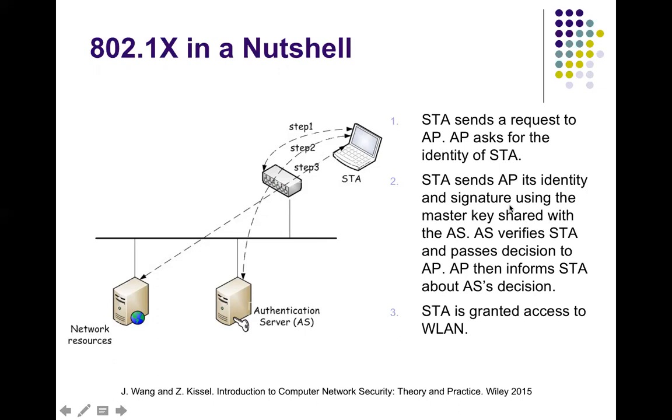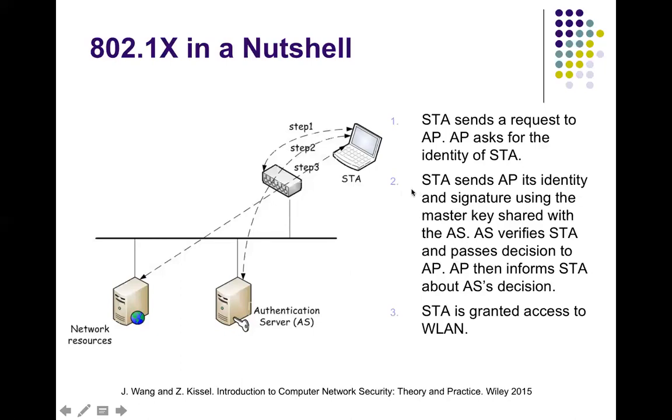So STA then sends AP its identity and signature using the master key. This master key is shared with the AS. So that means STA, AP and AS have a shared secret, in the form of a password.